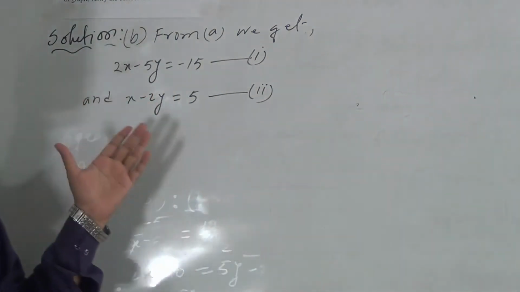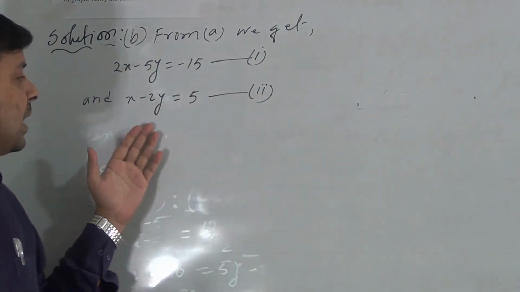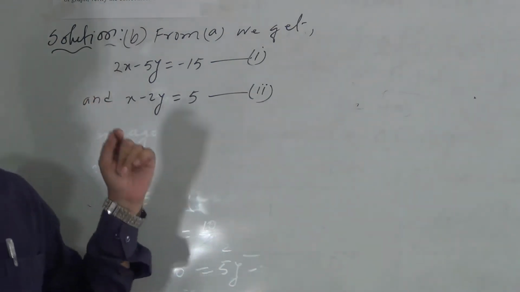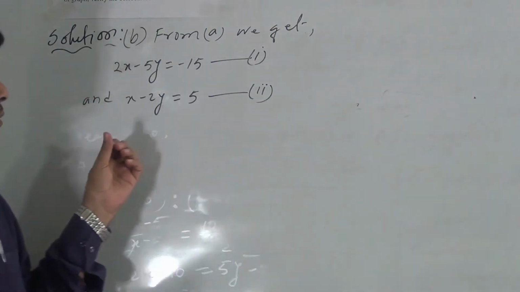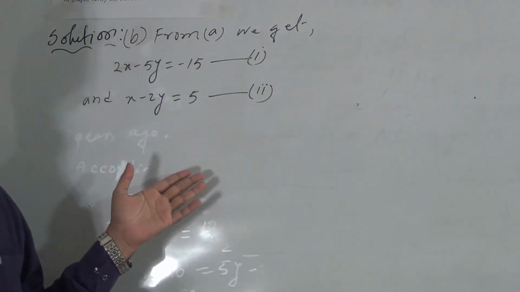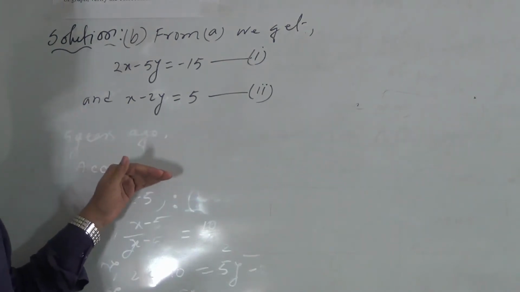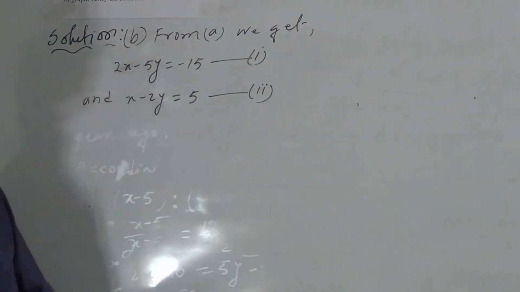Dear students, to solve any equation using the method of substitution means that at first we have to determine the value of one variable. It means that we have to convert a variable into another variable, and then we have to put the value in another equation.